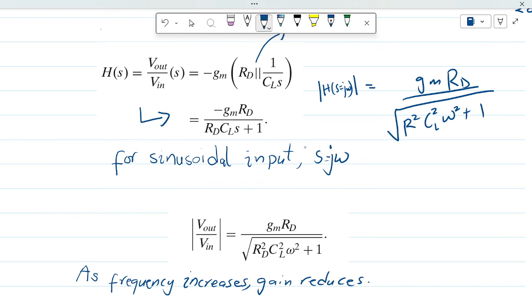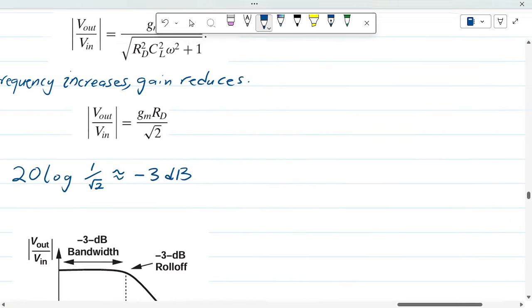Then where do we have the roll-off? The frequency at which we have our gain reducing would be a frequency that will make this term equal to 1. In that case, the whole denominator becomes root 2, and we say that the signal begins to reduce in gain after we exceed this particular frequency of interest.